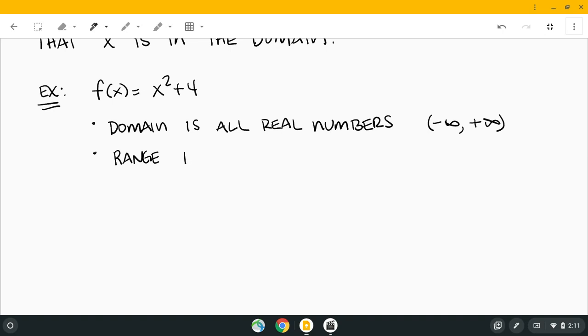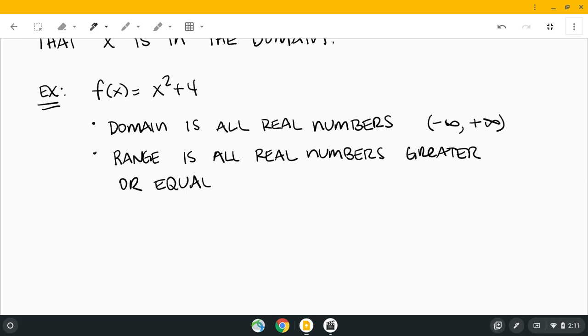Okay, so the range here is all real numbers greater than or equal to 4.